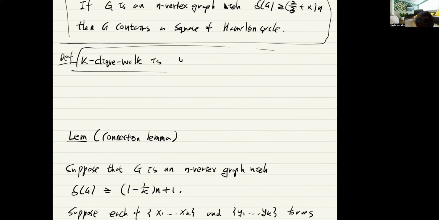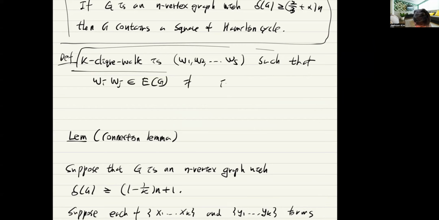This is a sequence W1, W2, up to Ws such that Wi and Wj are adjacent if the difference i minus j is at most k minus 1.